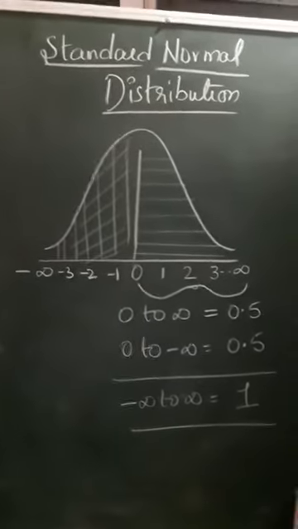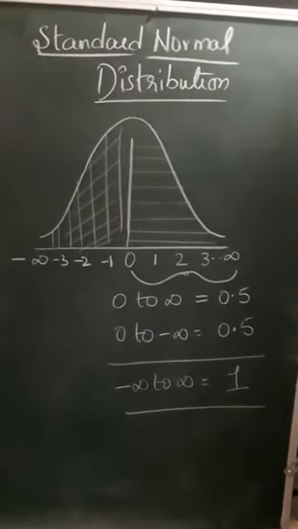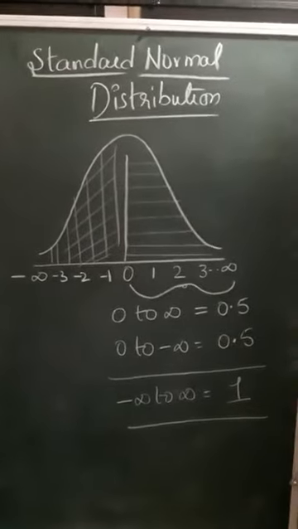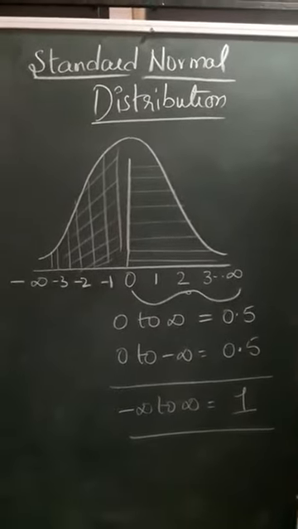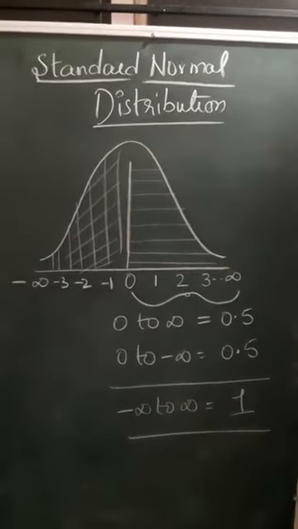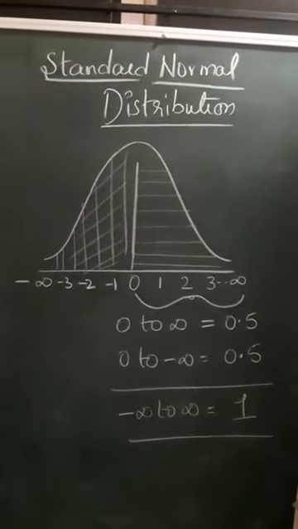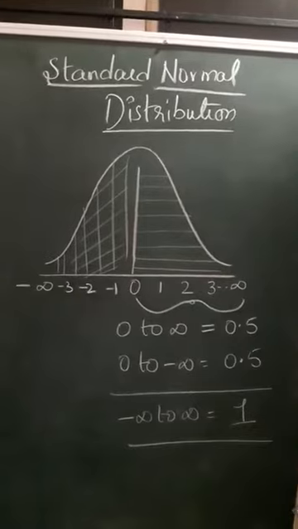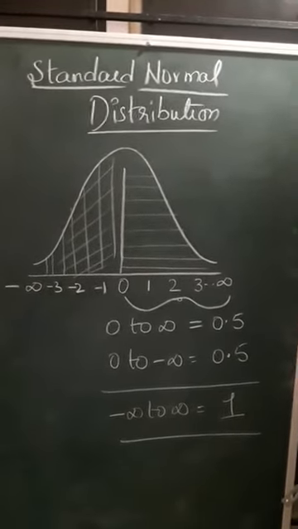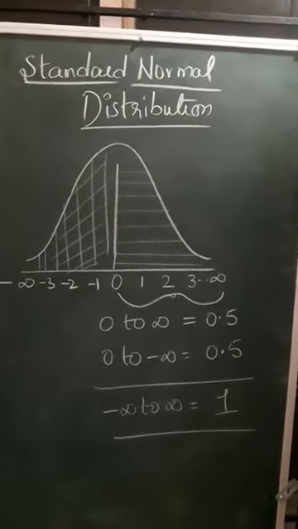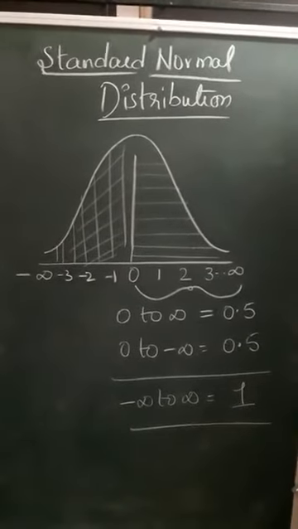Look here, the standard normal curve. One side, from 0 to infinity, I have shaded horizontally, and the other side, from 0 to minus infinity. I have drawn grid lines. What exactly does that mean? From 0 to infinity, what is the value? 0.5.